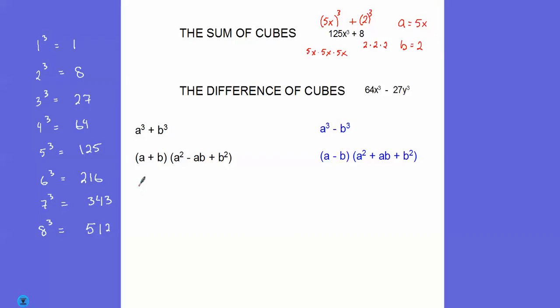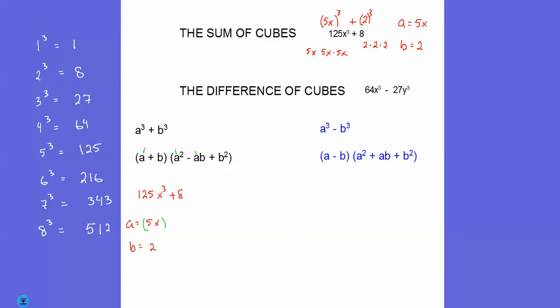So, writing it over here, we have 125x cubed plus 8. If I were to write that a was equal to 5x and b is going to equal just the value of 2, now I understand that this quantity here is going to go everywhere I see the a.